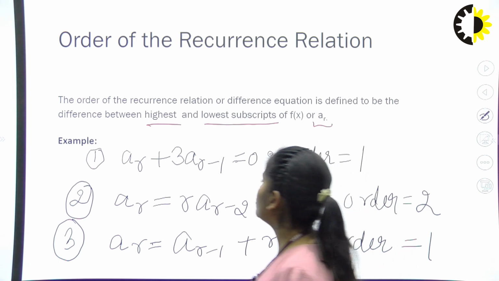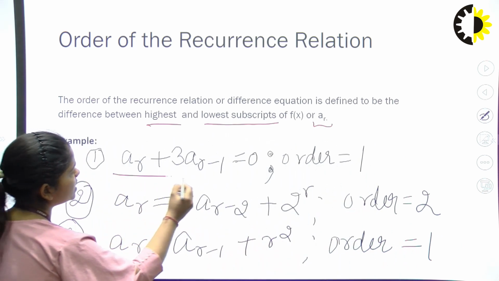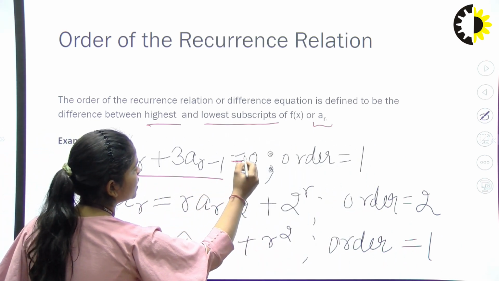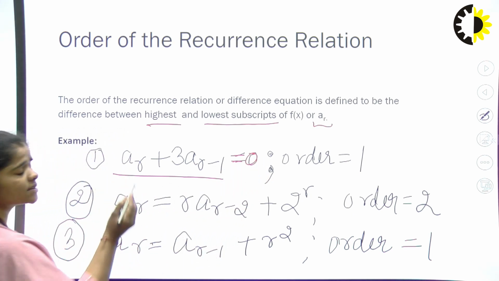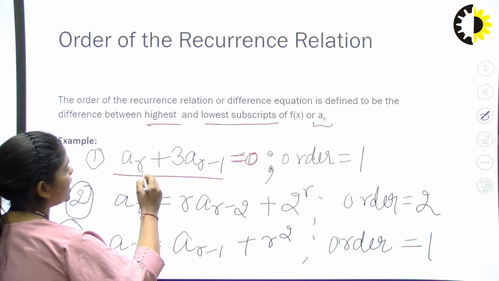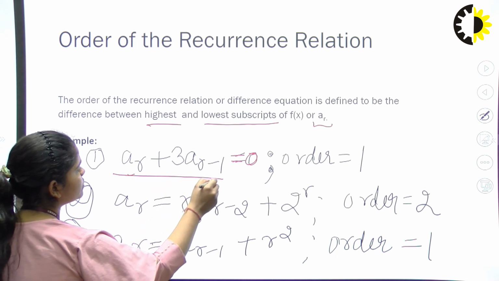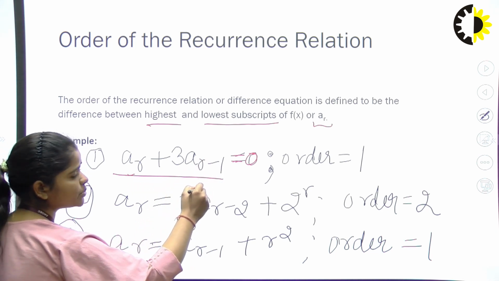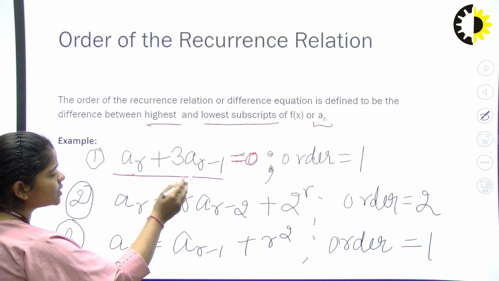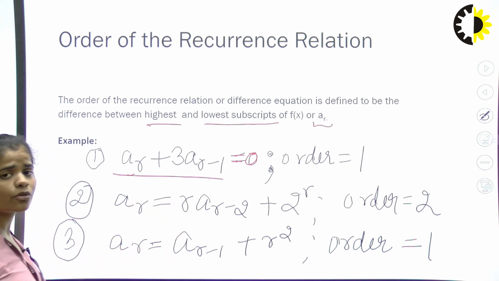For example, I use the example a_r plus 3a_(r minus 1) equal to 0. This is a recurrence relation. As you see here, we have to find a_r, so we are using the a_(r minus 1) term, that is the previous term. For this recurrence relation I have to find the order.